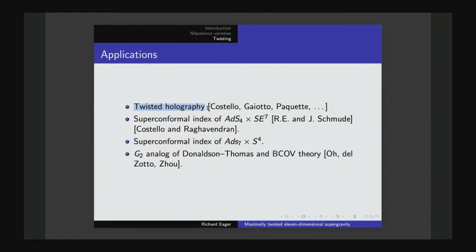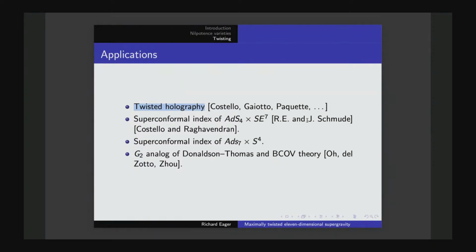And one of my maybe personal motivations for why I was interested in twisted holography is that superconformal indices are natural examples of invariants that you compute in holomorphically twisted theories.